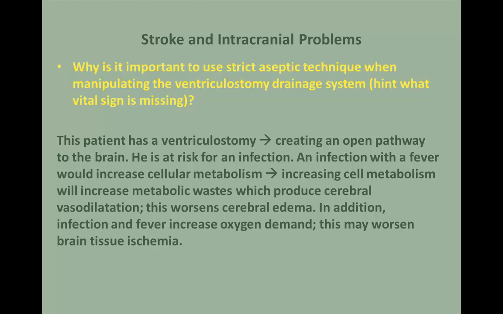But regardless of whether the elevation in temperature is caused from a brainstem issue or a pathogen, you are increasing the metabolic demands of the brain tissue, and we need to get that temperature lowered as quickly as possible.